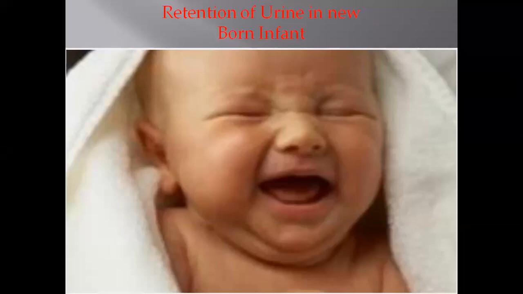In this way, the parents will express before you. The baby was born 72 hours earlier, but till now he or she has not passed any urine and the family becomes anxious.